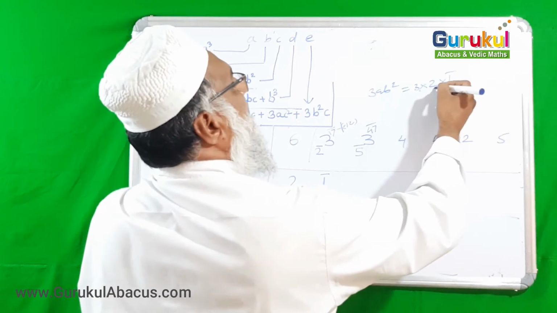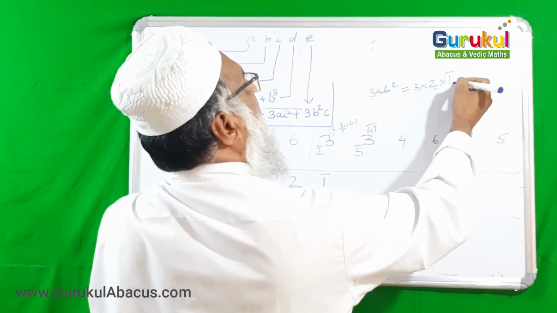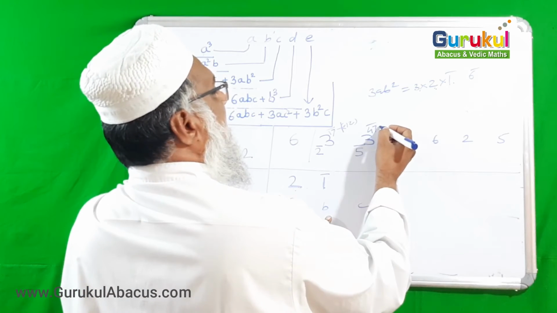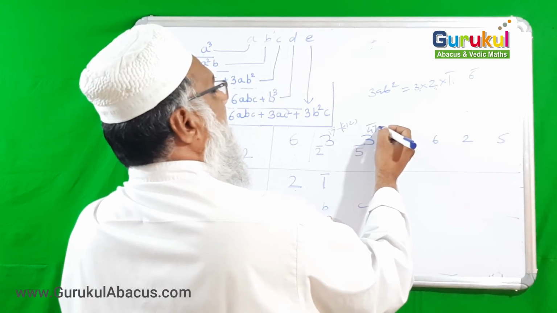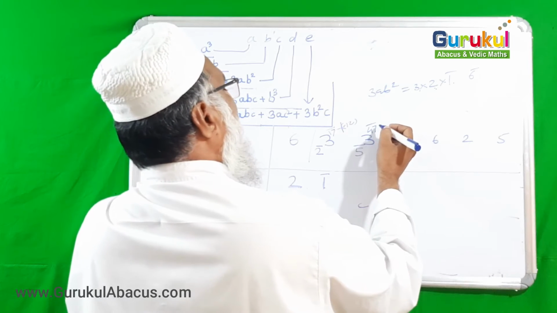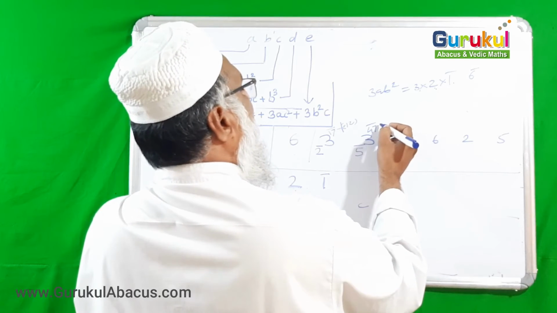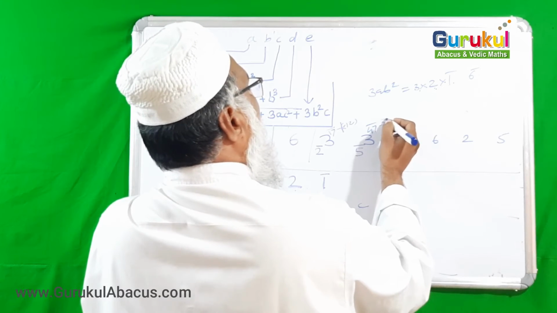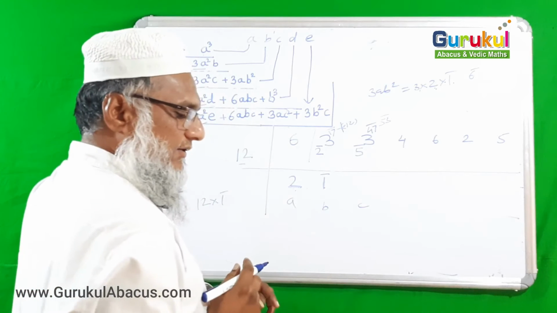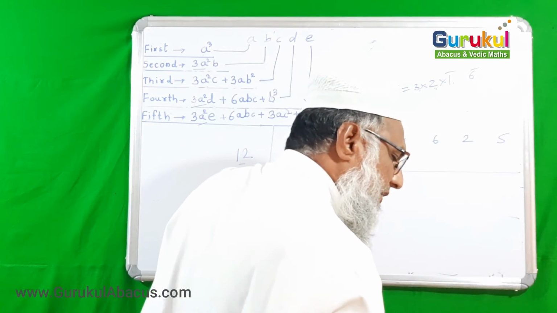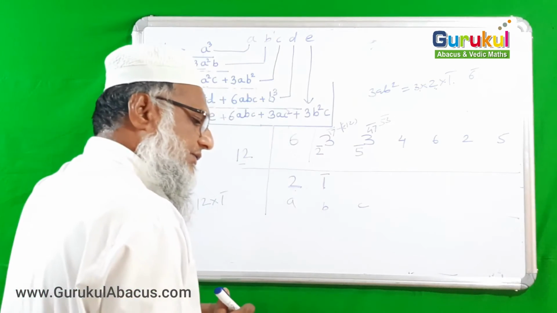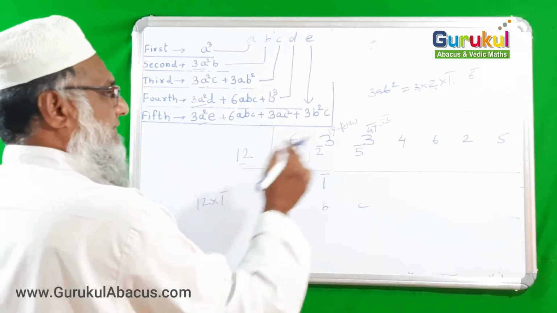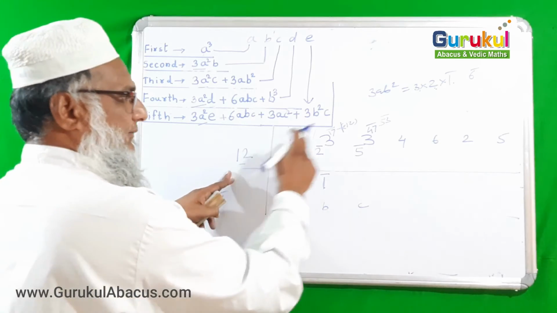Okay, 3 2s are 6. 6 into bar 1 is bar 6. Subtracting bar 6 in that means adding. So together they are being bar 53.